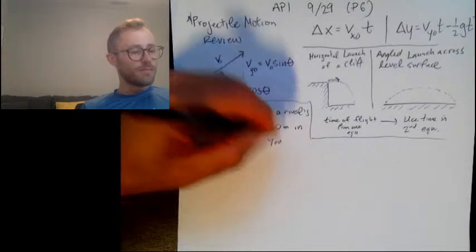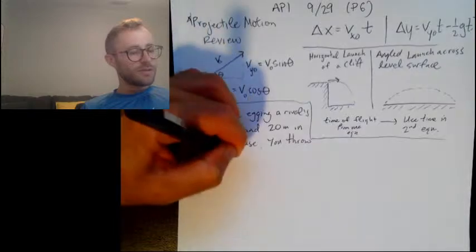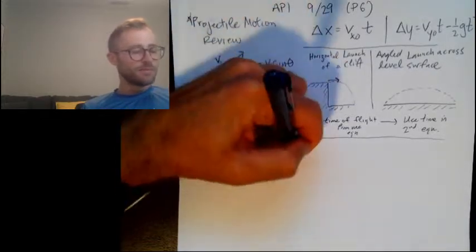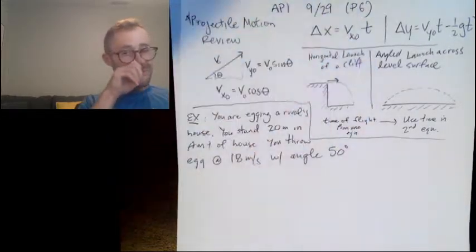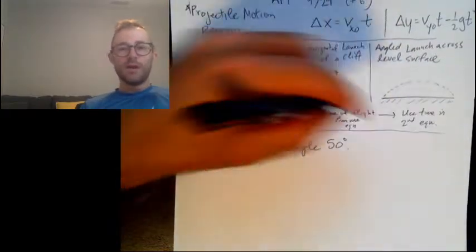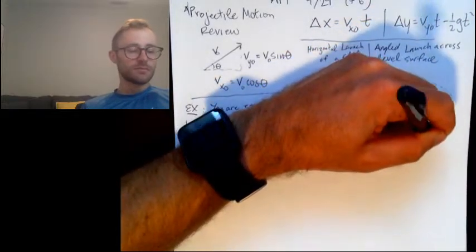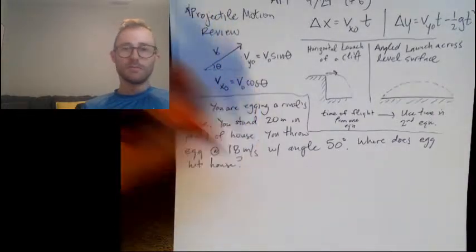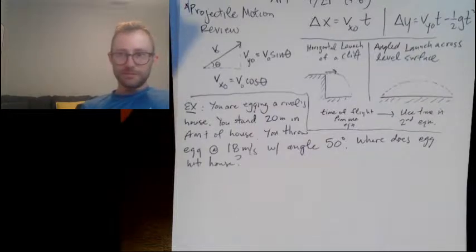You throw the egg at 18 meters per second with angle, let's say 50 degrees above the horizontal. Where does the egg hit the house? Okay. Where does the egg hit the house?